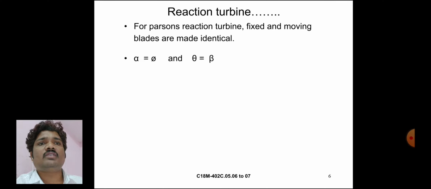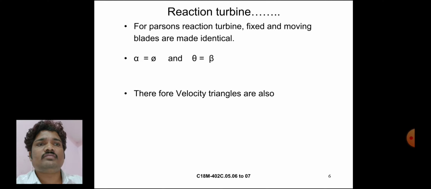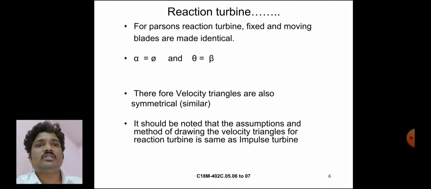Alpha is equal to phi and theta is equal to beta. Therefore, velocity triangles are also symmetrical, similar. It should be noted that the assumptions and methods of drawing the velocity triangle for reaction turbine are the same as for impulse turbine.